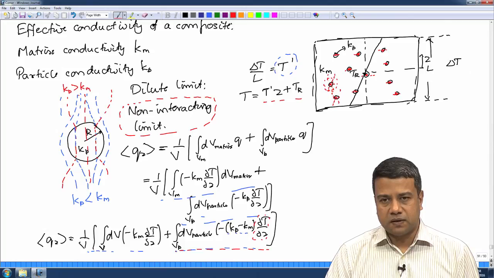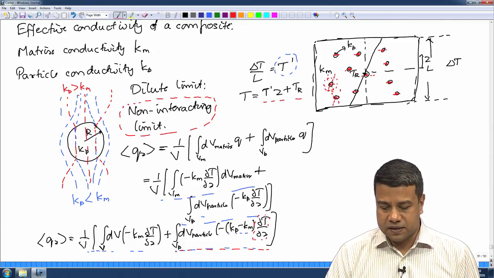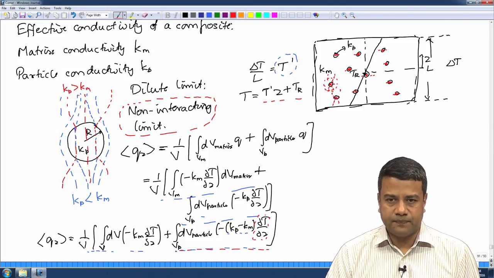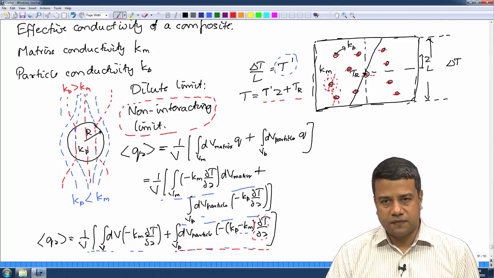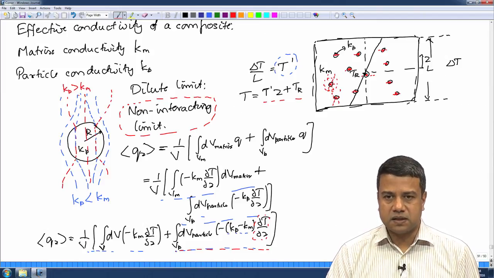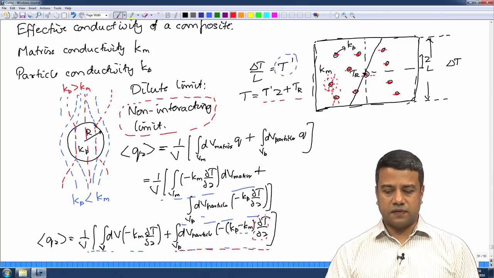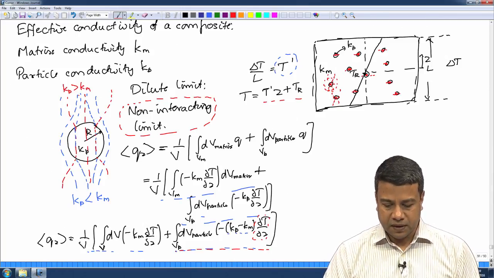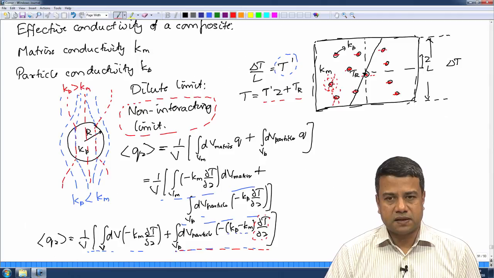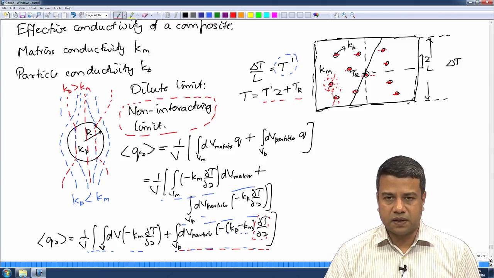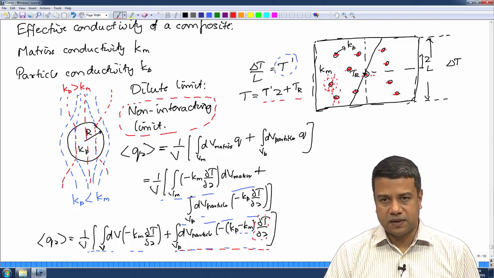So, we wanted to find out if the matrix has a certain conductivity Km, and within this matrix you included particles with a different conductivity Kp, how does the effective thermal conductivity of the entire system change due to the inclusion of these particles? You would of course expect that if the matrix has a lower conductivity than the particles, then the particles will conduct faster, therefore the effective conductivity would increase, whereas if it is less, it will decrease.